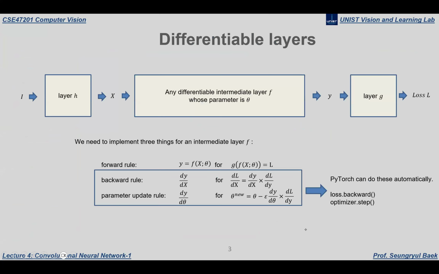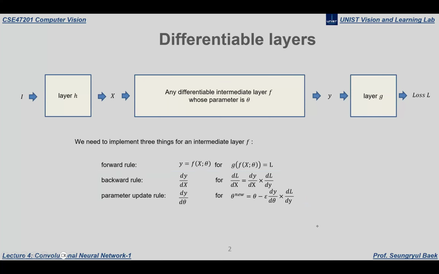So we have learned why differentiability is important for training the deep architecture. Actually, in the previous lecture, I didn't explain this slide properly. You have to define this forward rule.